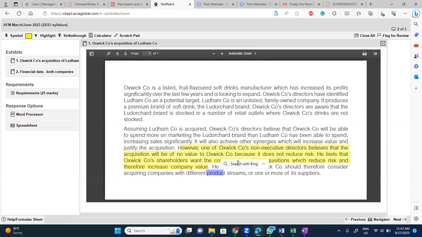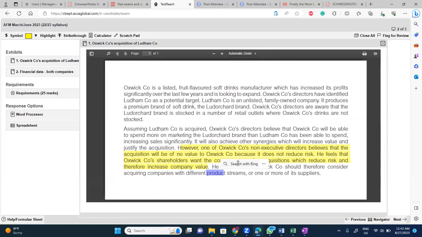New products require a new knowledge base. There will be diversification benefits, but new products will require a new knowledge base. But diversification benefits is a discussion based topic. Cost saving in a different product stream, will you save some cost? No. Okay.